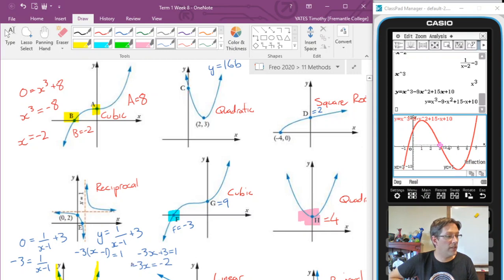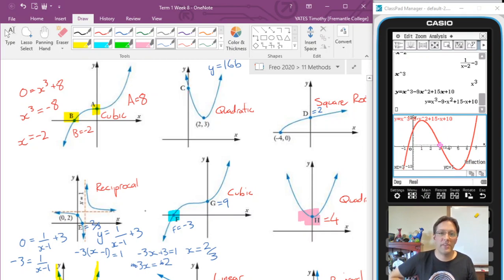They're both negative, so we can cancel out those negatives. X equals 2 on 3. That does look about right. This looks about 2/3 of the way between 0 and 1 there. So 2/3 seems like a good answer to me. So E is equal to 2/3.